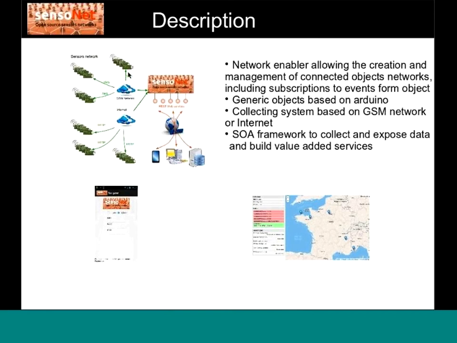For the V2, which is coming in the next few weeks, we extend the possibility to have an HTTP connection between object and the core network. One of the major issues with SMS is no guarantee of message delivery and a very long latency time. If I send an order to my object, I have to wait for the SMS to be sent by the core platform to the object, then wait for the GSM network to deliver the message, and then on my object I can do something according to this message.